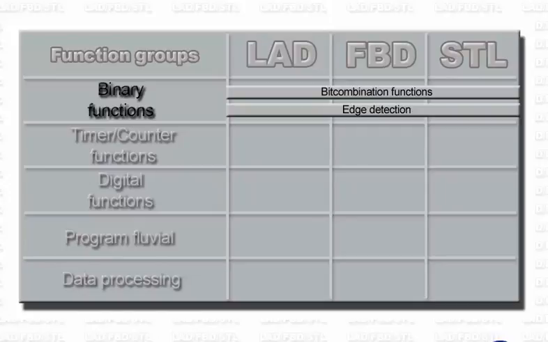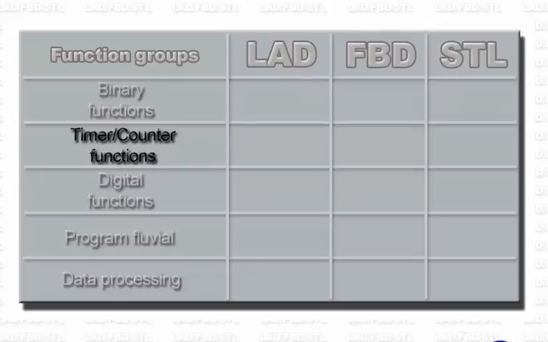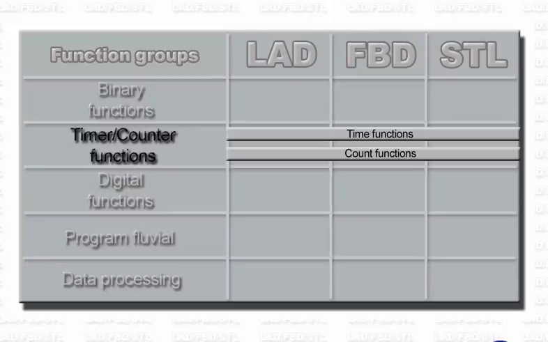Special commands such as edge detection help to speed up the execution. Powerful timer and counter functions allow you to solve quickly and reliably the extremely frequent timing and counting tasks. These operations are executed directly in the CPU without any additional hardware.